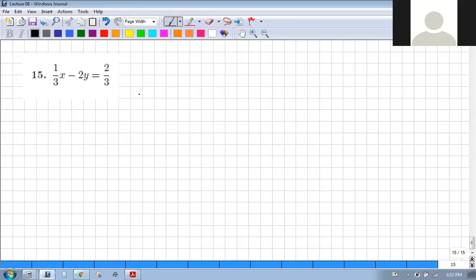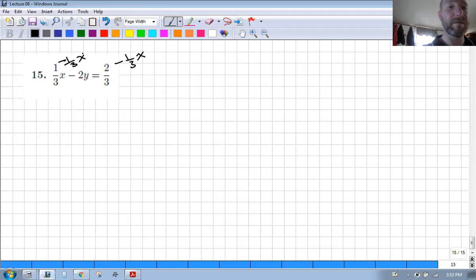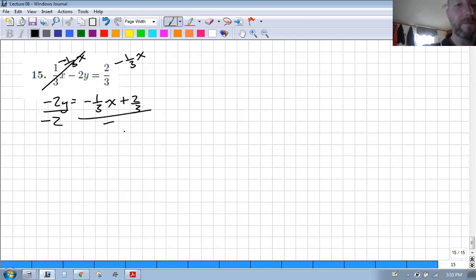All right. Let's get y by itself. Let's subtract 1/3 x from both sides. And -2y equals -1/3 x plus 2/3. Now divide everything by -2. We have y equals a negative 1/3 divided by 2 gives us a positive 1/6.